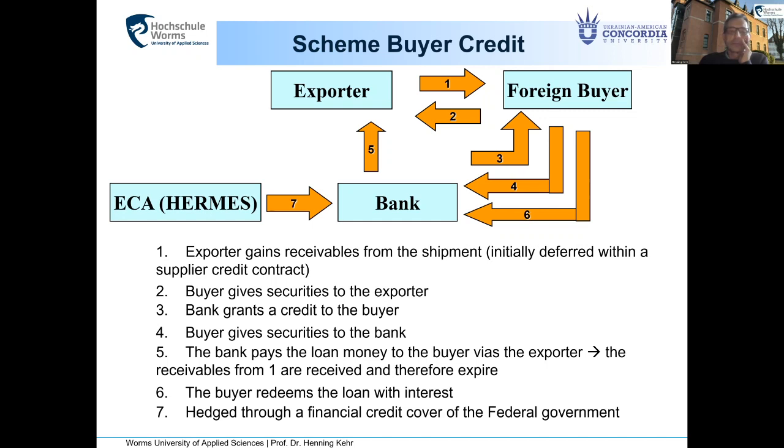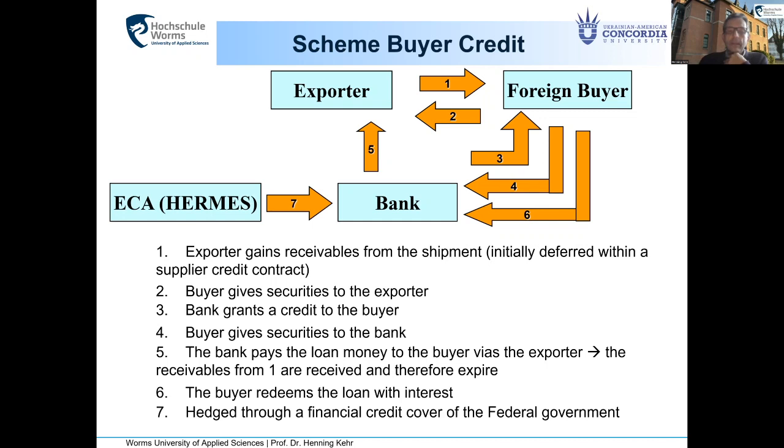So in both cases, as here, buyer's credit or forfeiting, the positive is that the exporter receives the money early, just a few days after delivery, usually.